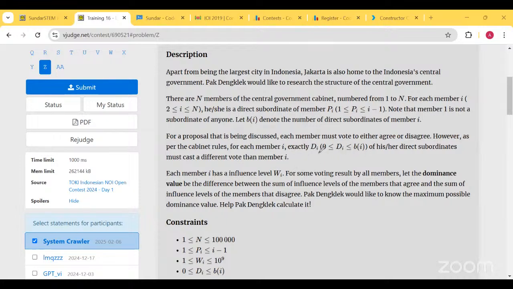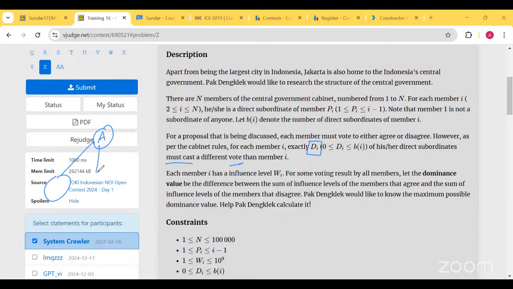If di, exactly di children must cast a different vote. So for example, this is agree.